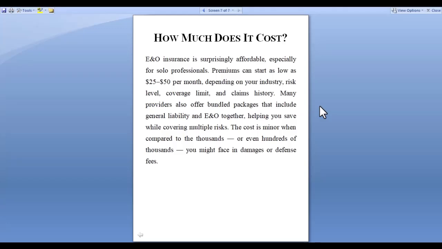Many providers also offer bundled packages that include general liability and E&O together. So while covering multiple risks, the cost is minor when you compare it to the thousands or even hundreds of thousands you might face in damages or defense fees.